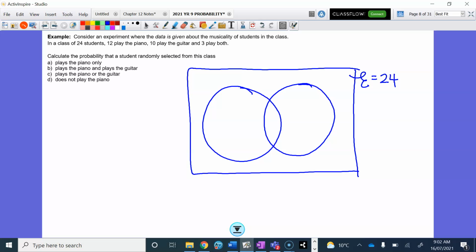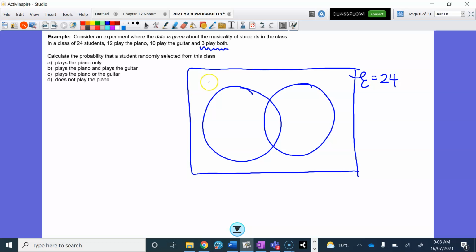Eventually, when we've got all of our little segments of this diagram filled in, all our numbers need to total up to 24. The easiest place to start with a question like this is the intersection part of this Venn diagram, the bit that represents the students that play both piano and guitar.